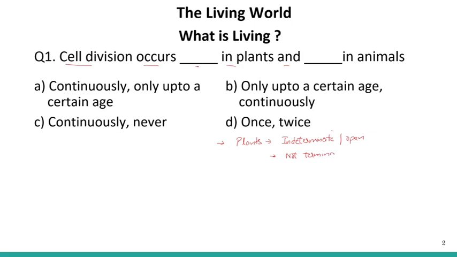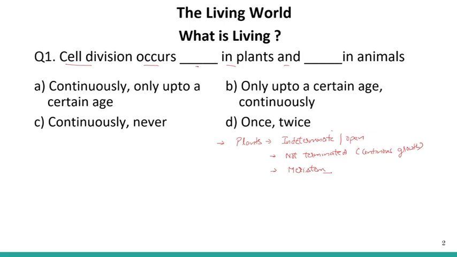So there is continuous growth, there is continuous cell division. Okay, and it takes place where? In the meristem.